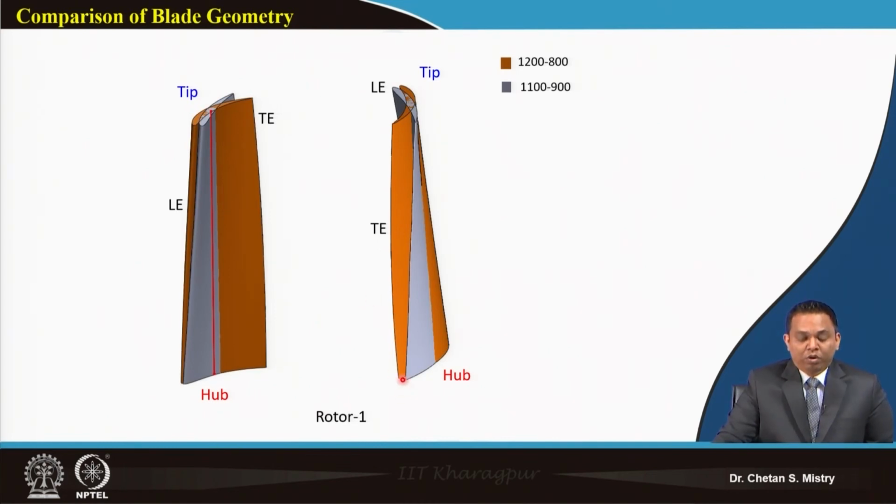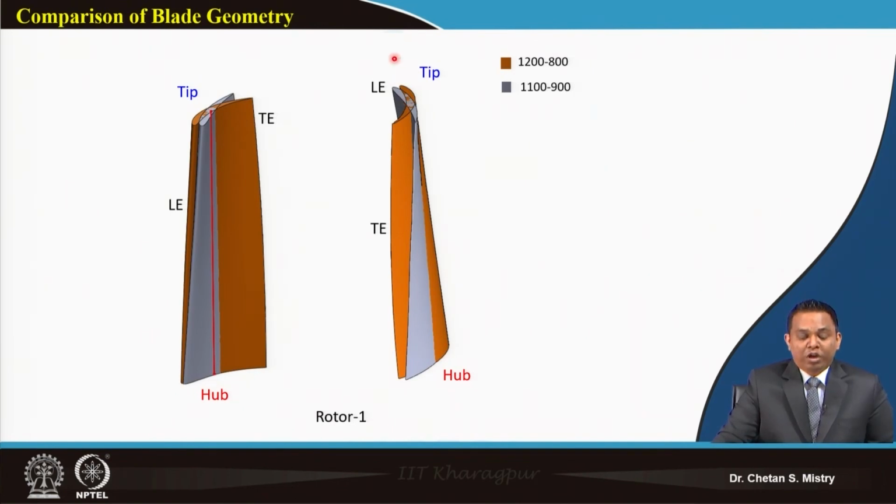Looking carefully from the leading edge, from hub to tip, I will have the variation of angle. At the same time, towards the trailing edge also, I will have a highly twisted blade for 1200 Pascal. Remember that at every station my pressure distribution is different for both the blades. This is for representation purposes.